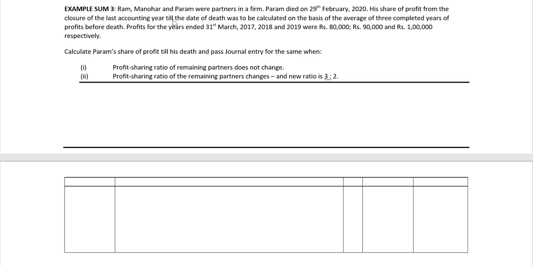Second case, profit sharing ratio of the remaining partners changes, and the new ratio is 3:2. So we'll begin with the working notes to find out Param's share in profit.